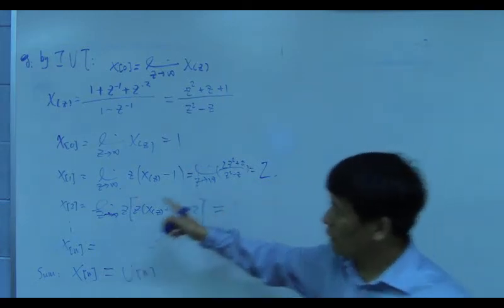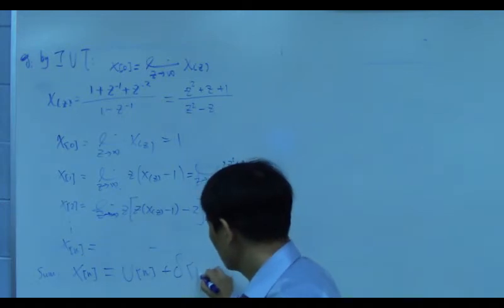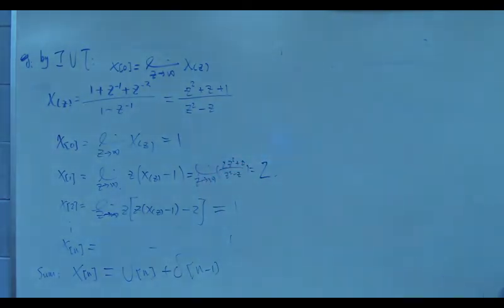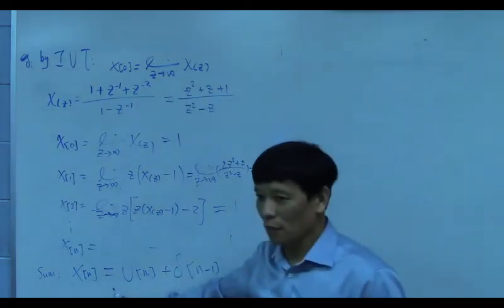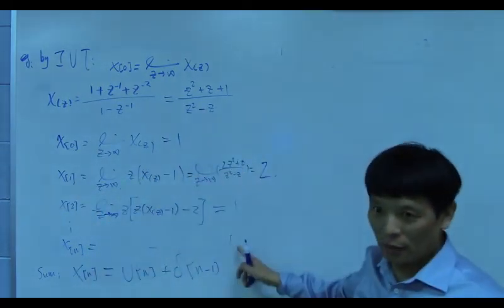This occurs when time equals 1. So if I put it like this, is this good? Yes, right? This un means all values from 0 to infinity equal 1.